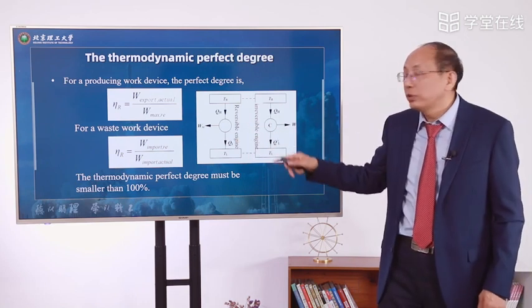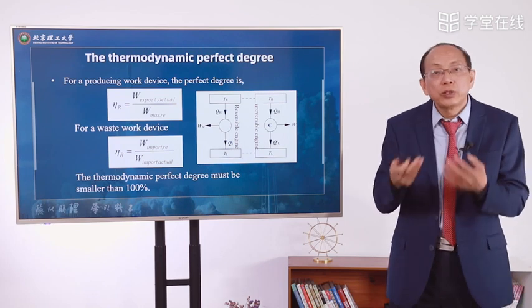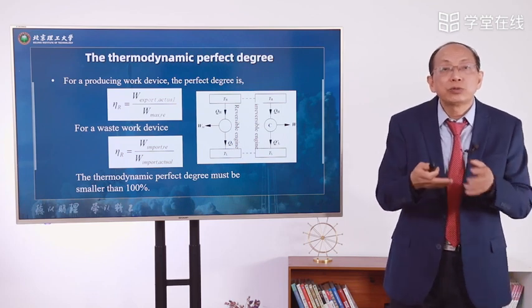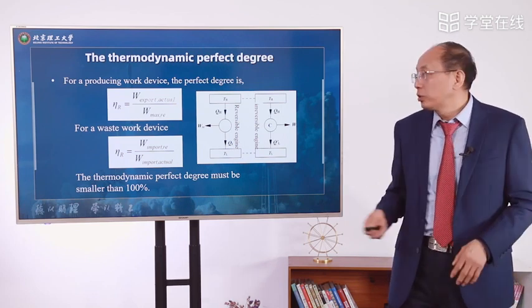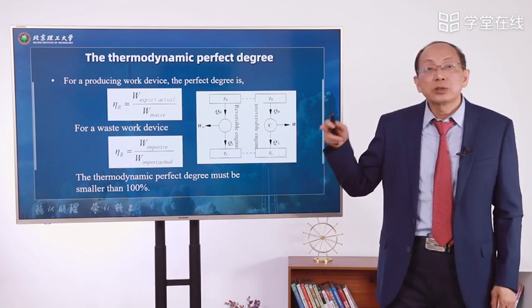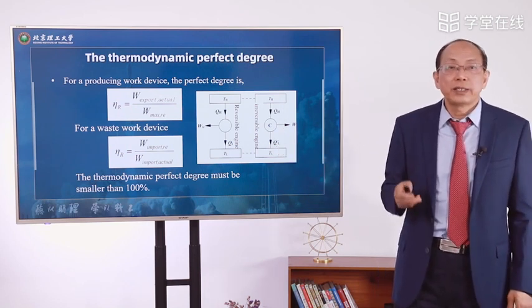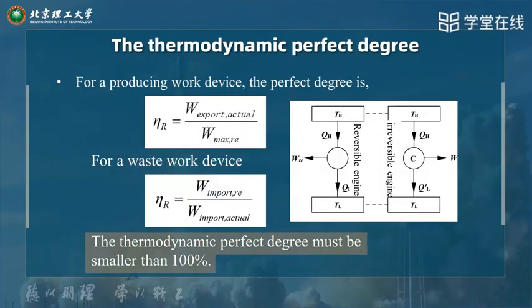W import actual in the irreversible process is larger, so this ratio is still more than 100%. The thermodynamic perfect degree must be smaller than 100%.